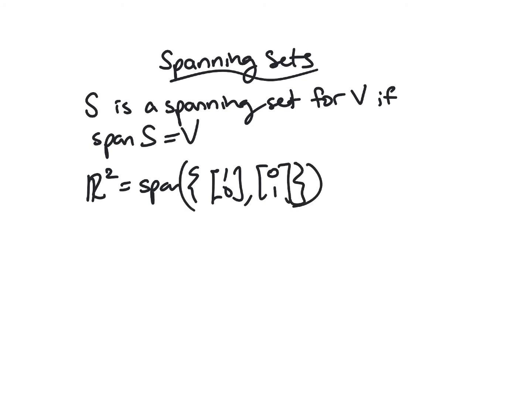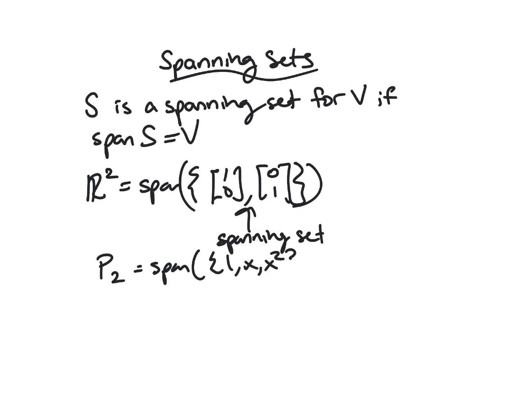Right, we saw we could even toss in the vector (1, 1), so this means that this set in here is a spanning set. For P2, in that last example, the span of 1, x, and x squared, basically allowing you to get your constant, linear, and quadratic terms. So again, 1, x, and x squared is a spanning set.